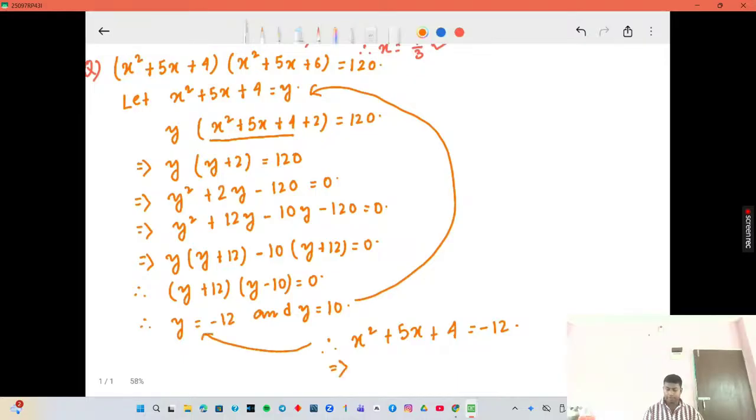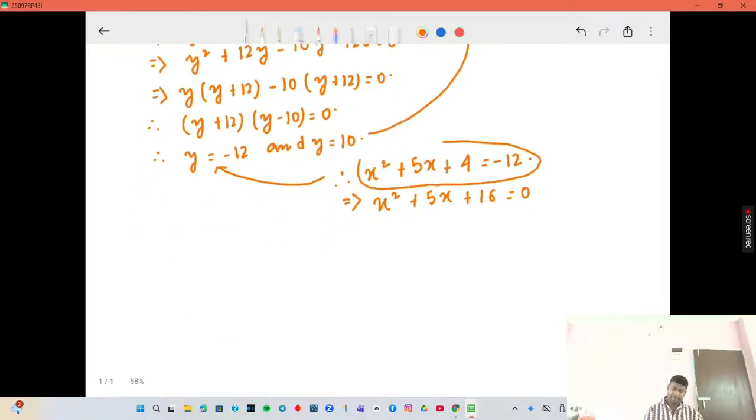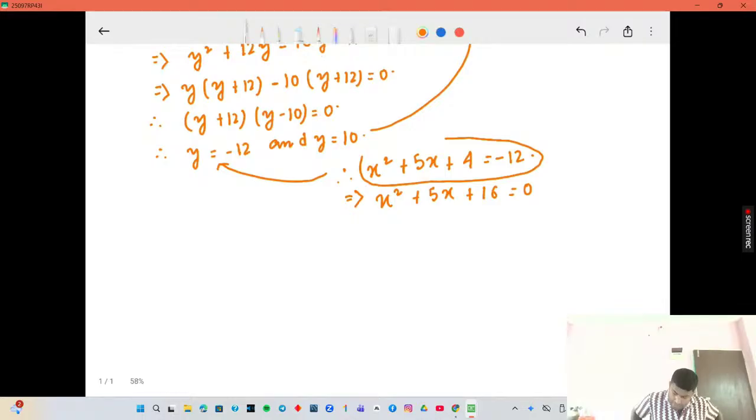Therefore we can write this equation, so therefore x square plus 5x plus 16 is equal to 0.